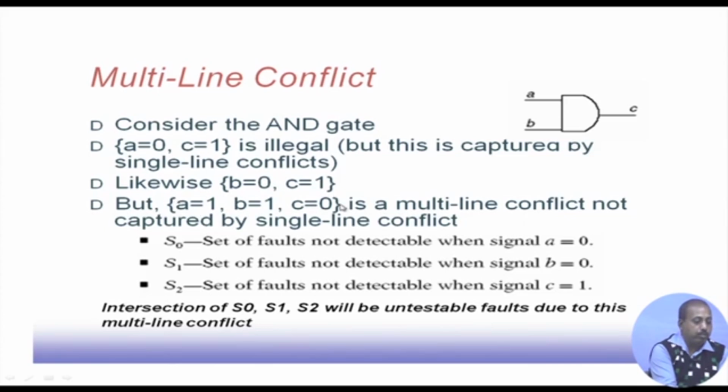So, A equal to 1, B equal to 1, C equal to 0 is a multi-line conflict which is not covered by the single line conflict. If you just take the intersection of these, you will only get C equal to 1. You will not get this other fault, A equal to 1, B equal to 1, C equal to 0. That comes only when you take the intersection of these 3 sets S0, S1 and S2. This way, multi-line conflict can also be used for determining the faults which are untestable.